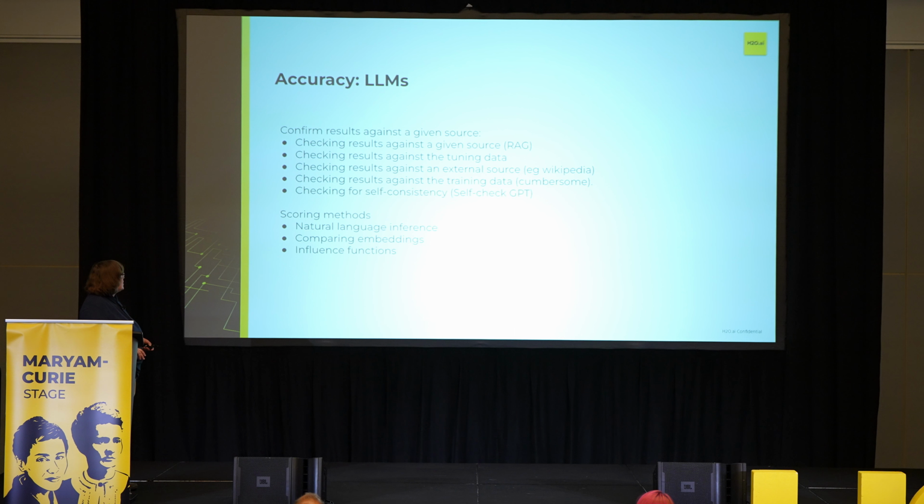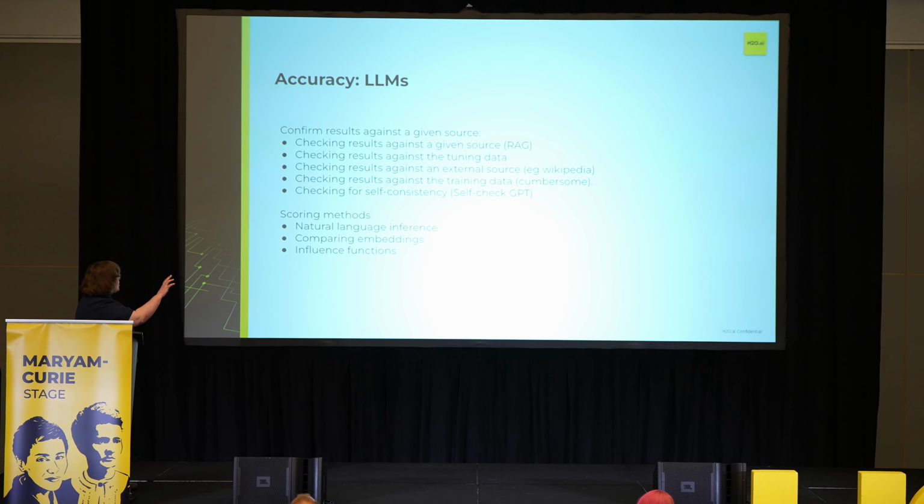And there are other sources of data that you can use to try to confirm your model. People have tried to look things up in Wikipedia to confirm model results and estimate the amount of hallucination. People have compared tuning data, so if you've retuned your model, you can see how using different tuning data might affect hallucinations for whatever application you're trying to look at.